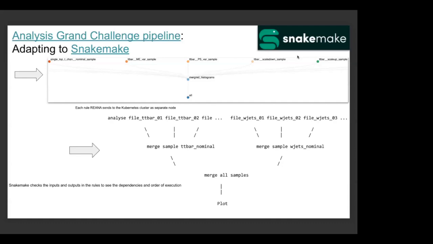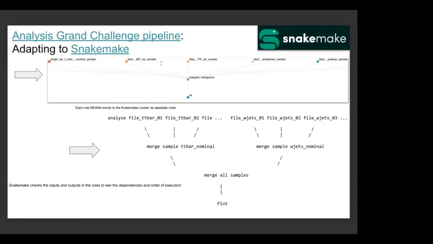To adapt this, we used the Snakemake workflow management system, whose main syntax is to have rules which run as separate jobs. So we created a rule which takes our original AGC analysis and runs one exact file. Since it is nicely integrated into REANA, REANA takes this Snakemake rule, puts it into a pod, and submits this pod directly to a node where it will be processed.